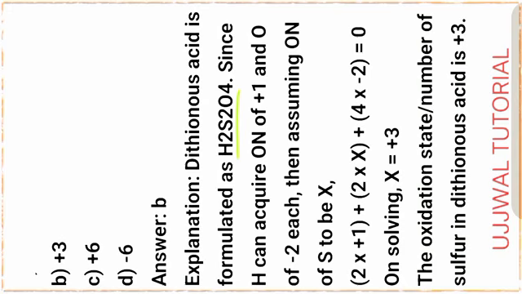Since H has an oxidation number of +1 and oxygen has -2, let the oxidation number of sulfur be x. By calculation, 2 plus 2x minus 8 equals 0. On solving, x equals +3. The oxidation state of sulfur in dithionous acid is +3.